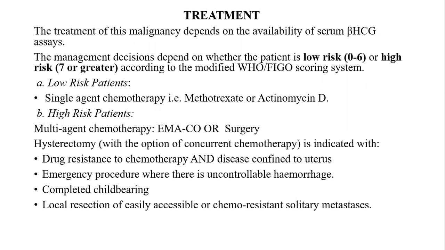For the low risk patients, we usually use a single agent chemotherapy, either methotrexate or actinomycin D. Then for the high risk patients, we usually use multi-agent chemotherapy, EMACO, or surgery. Surgery is only in selected cases. Like I said initially, it has to be discussed in a tumor board before you decide on surgery for these patients.